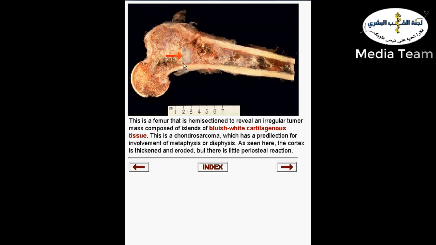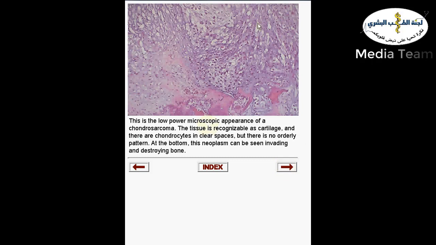If you look here at the arrow, it's involving the metaphysis, but here the diaphysis is also involved. The cortex is intact. It's not infiltrated by the tumor, but the cortex here at the lower part has become thickened. Why? Because as a reactive process, it may have thickening at that area, and we call this periosteal reaction.